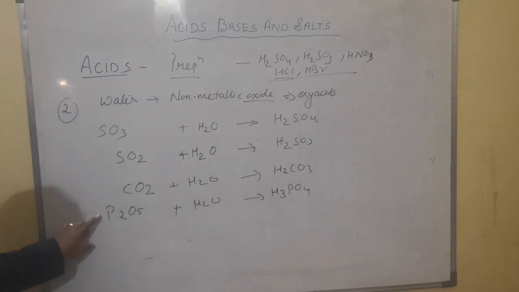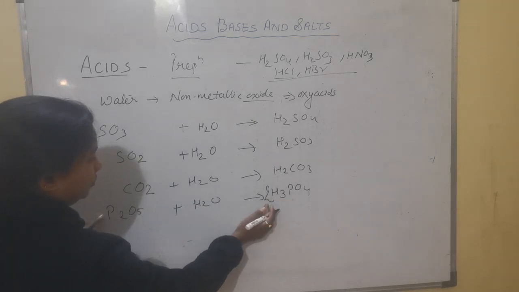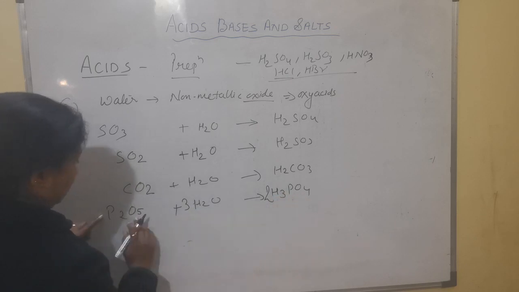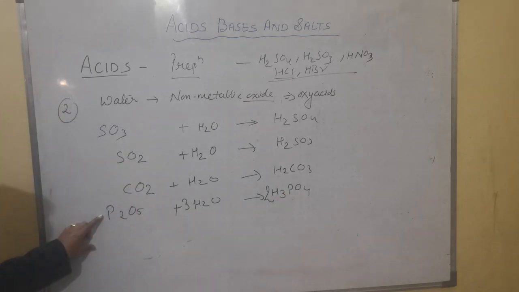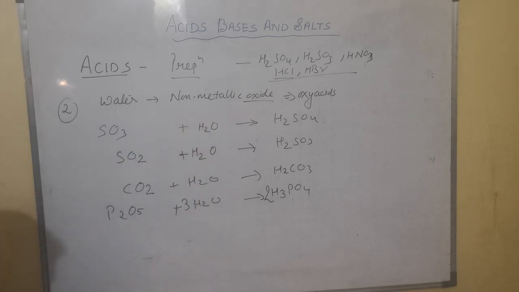You have to balance how many P? 2. So make it 2. 2P, 3 2 is 6, 3 2 is 6, 8, 5, 6, 7, 8. Now the equation is balanced. So this is how you have to prepare oxyacids by the action of water on non-metallic oxides.